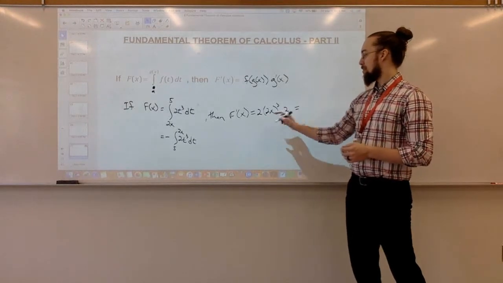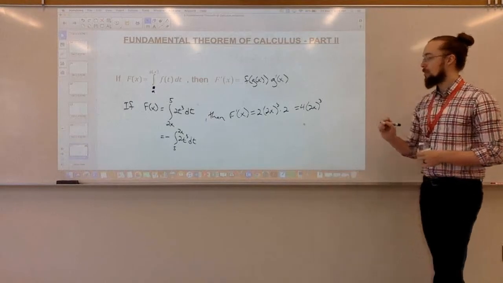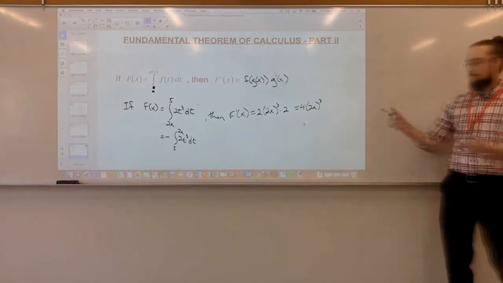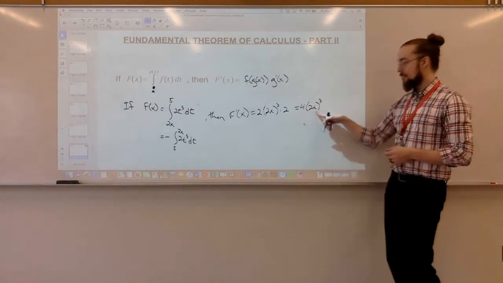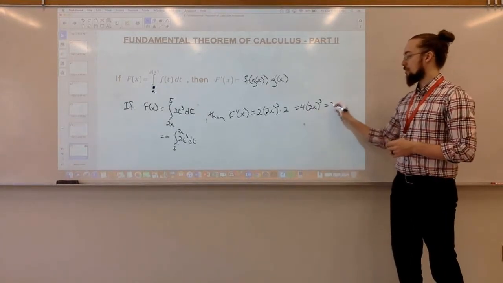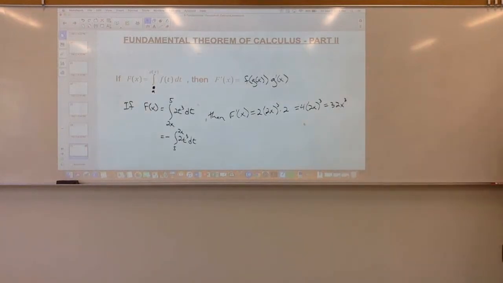We can multiply these 2's together and get 4 times 2x cubed. How about I can do a little more? So this would be 8 times x cubed. And then I can multiply the 4 and the 8 together. Get 32x cubed. You okay with that one?